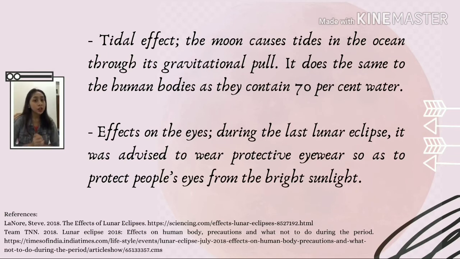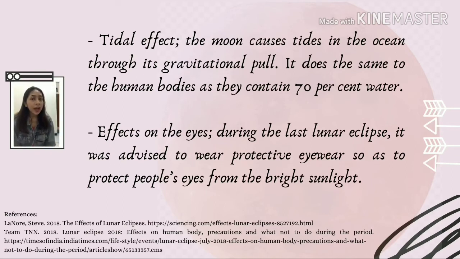But as human bodies are not as big as oceans and seas, the effects are hardly noticeable. Even pregnant ladies are advised not to go out during an eclipse, but there's no science backing this up. Because a lunar eclipse takes place during a full moon, tides are getting higher during this time.